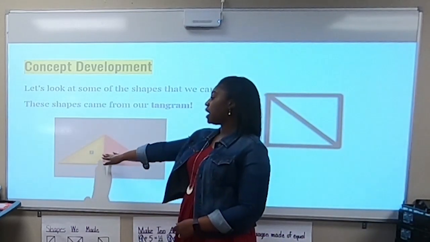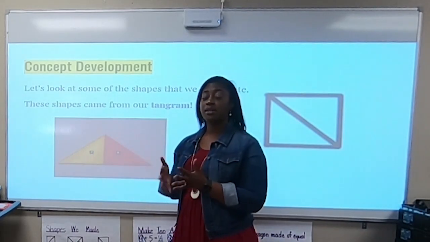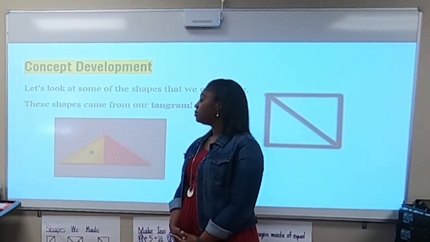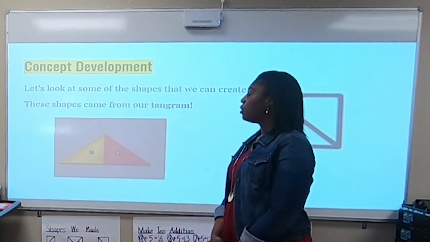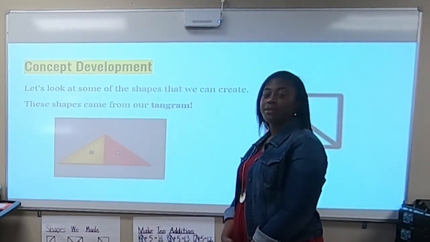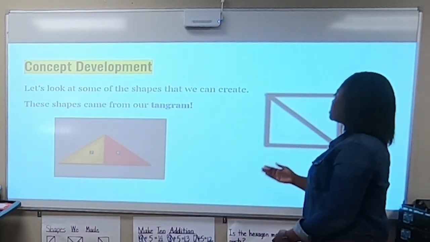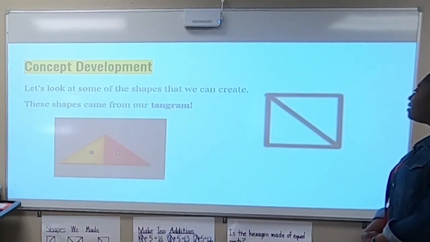Look at our first shape. Our first shape we have, our larger shape that is a triangle. Our smaller shapes that are inside of that triangle are what? That's right, they're also triangles. Let's look at this shape. This shape is a square.